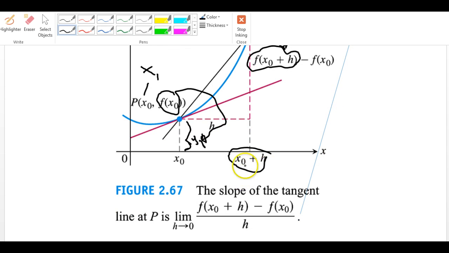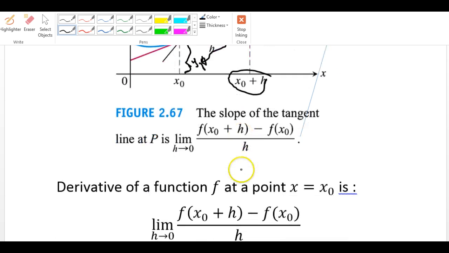So what is x2 minus x1? This is x2, this is x1. The difference between these two is this gap, and the gap is h. So x2 minus x1 is h. You can also see it in a different way: when you subtract this from that, the x0 gets cancelled off and you get h.